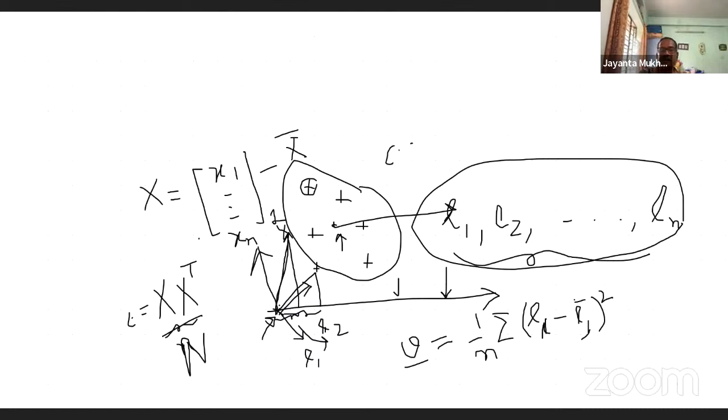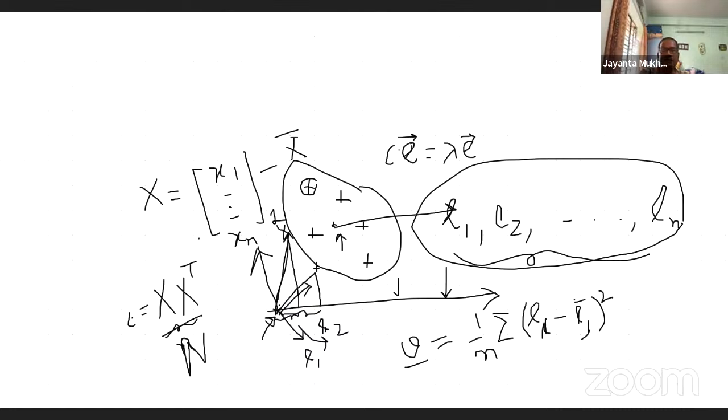So we can consider, say E is the principal direction, and we consider this direction as a unit vector. That is the constraint we can put.